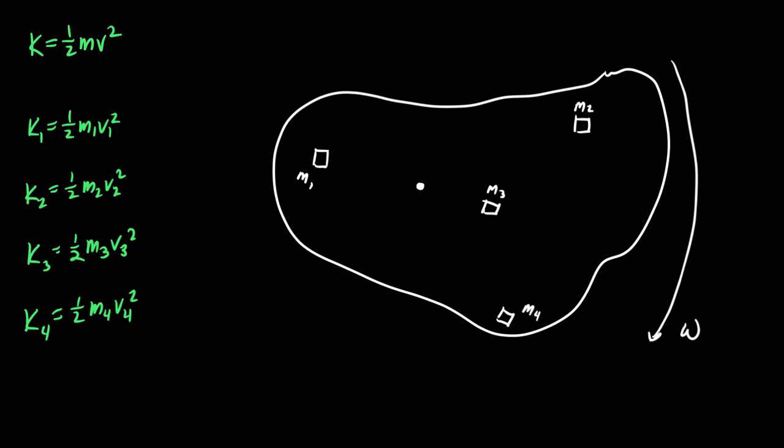So consider that there's a distance r1 that goes from the axis of rotation to piece 1. And that piece 1, because it's a part of a rotating object, must have a velocity that is perpendicular to that radius.